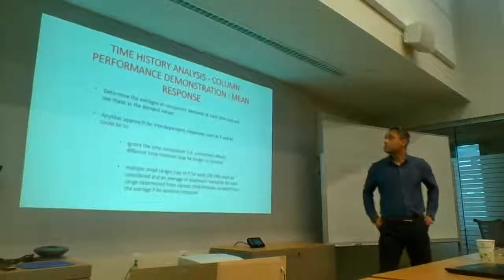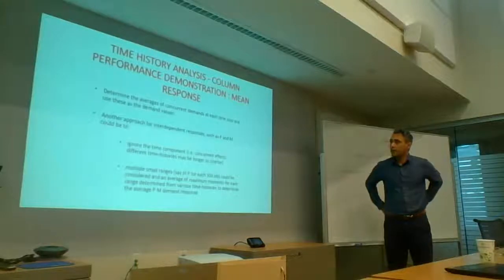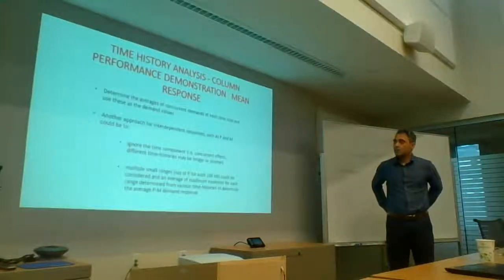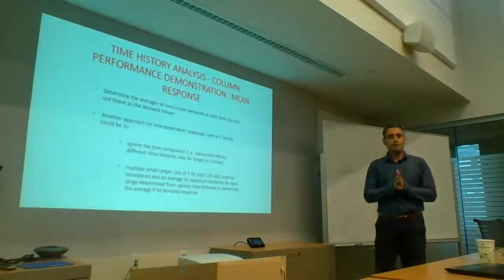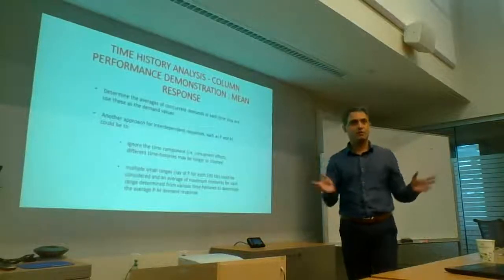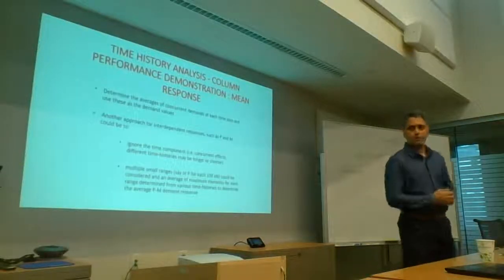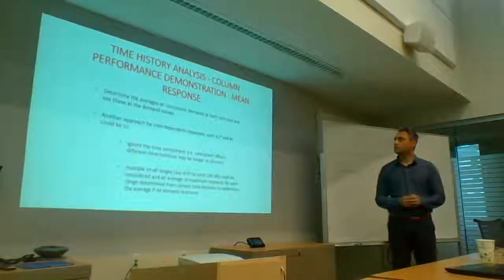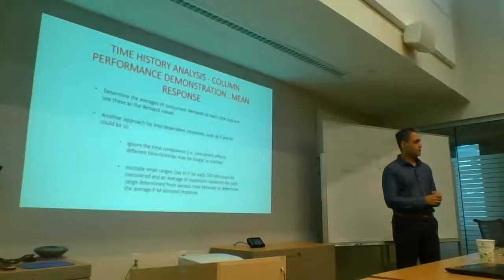Now, just one thought I want to give you about the mean response. Let's say you run 11 time histories, and let's say one time history is 30 seconds, another one is 40 seconds. So you've got 11 of those. The code says your design value is the mean response.